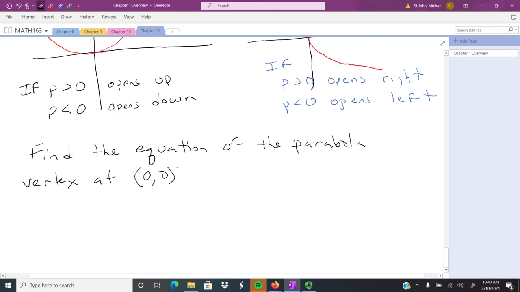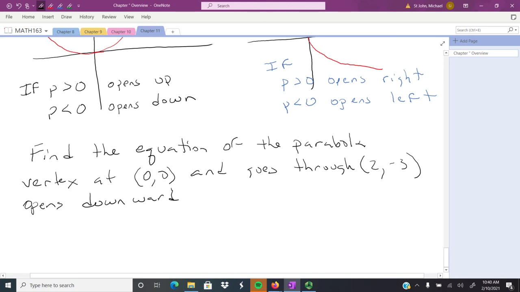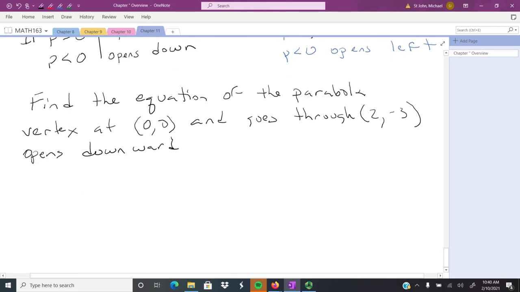And it goes through the point, and opens downward. So we have our equation.